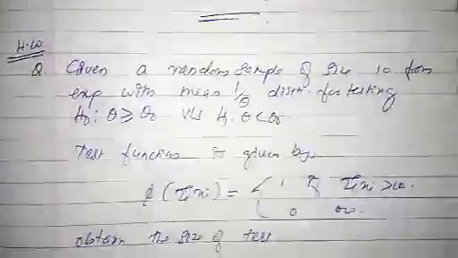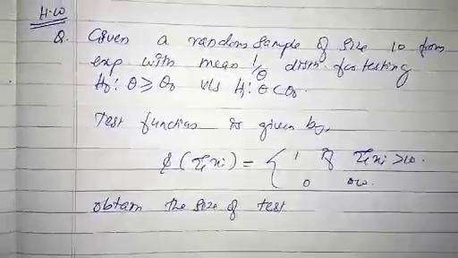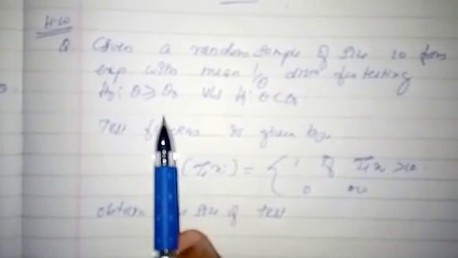So this is your homework. Given a random sample of size 10 from exponential with mean 1 by theta distribution for testing H naught theta is greater than or equal to theta naught versus H1 theta is less than theta naught.